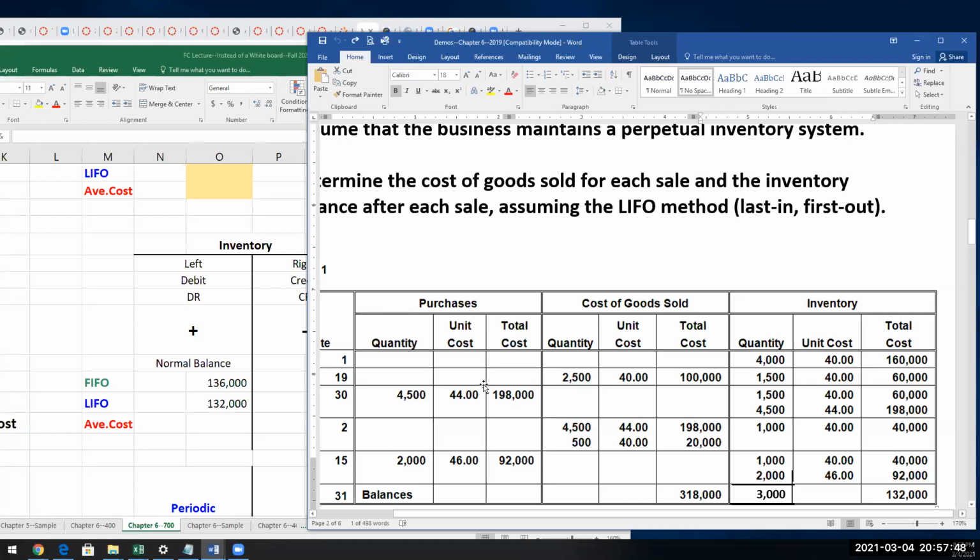Well, with average cost, it's the same kind of item that changes how we calculate things. In other words, after a purchase, we have to calculate a new average cost. Whereas here, after a purchase, we have to figure out, okay, what happened to my inventory? Which pile is it coming out of? FIFO, LIFO, what happened?